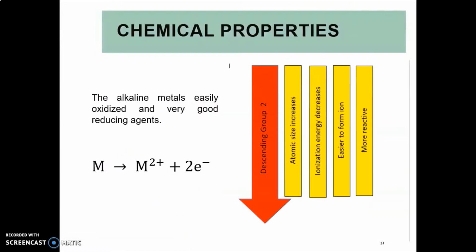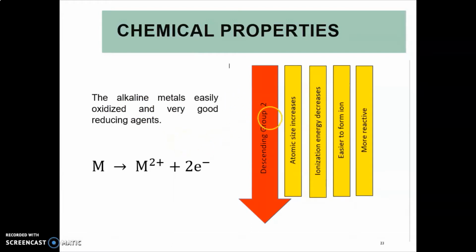For chemical properties, all group 2 elements form the M2+ ion in a chemical reaction by losing 2 electrons. The alkaline earth metals are easily oxidized and are very good reducing agents.